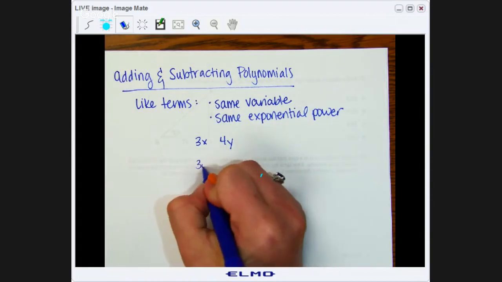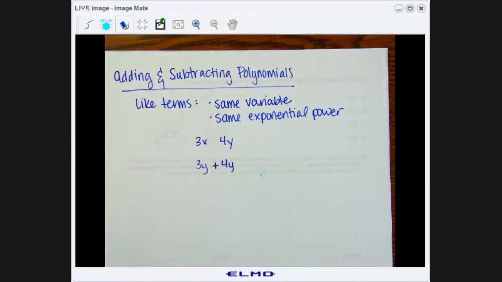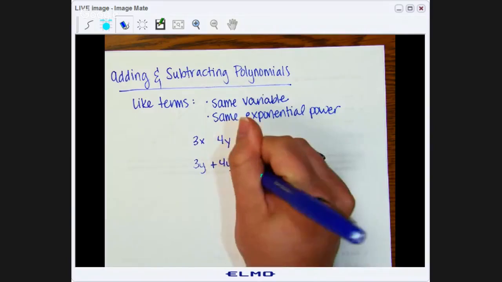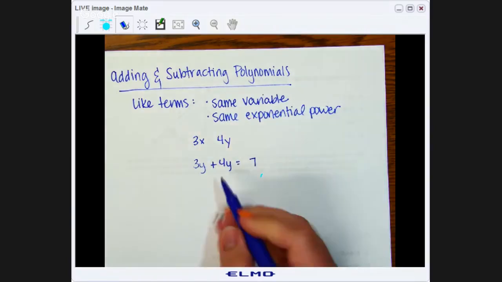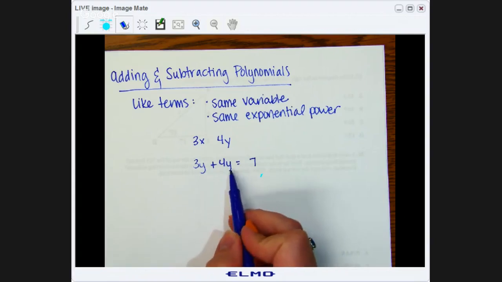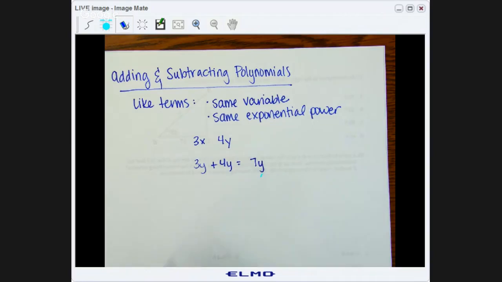So if they were something like 3y and 4y, and I'm adding these together, all I have to do is add my coefficients. My coefficients 3 and 4 would give me 7. But I don't have an exponent rule that says that putting two y's together causes anything to change, so I'm just going to end up with 1y when I add.